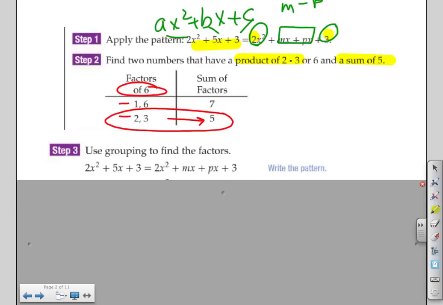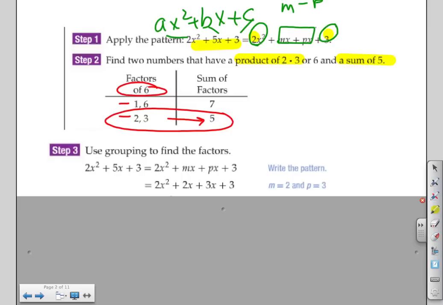The third step in this process is we use grouping to find the factors, and we've already learned how to do grouping. We write the trinomial 2x squared plus 5x plus 3 in the pattern with mx plus px.